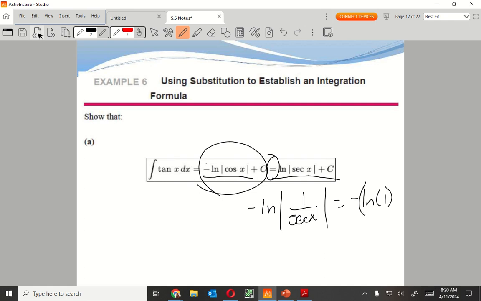And then, because it's a division, it becomes a... Do you guys remember the ln rules? If it's a multiplication, it's a plus sign. But since it's a division, it's going to be a minus sign of ln of secant x.